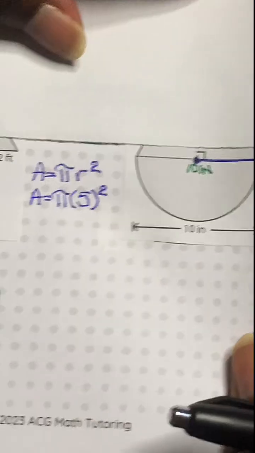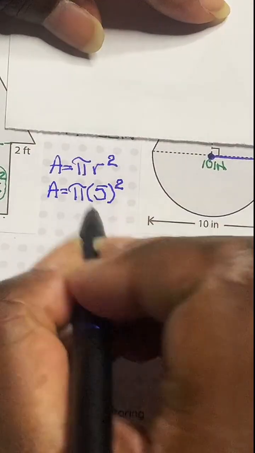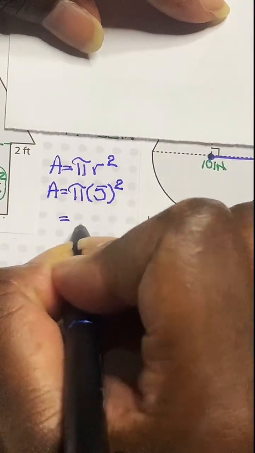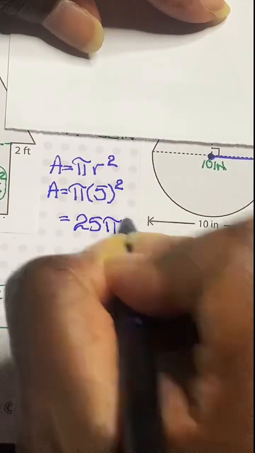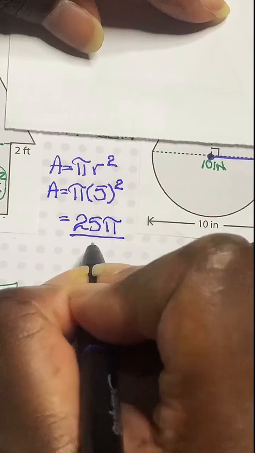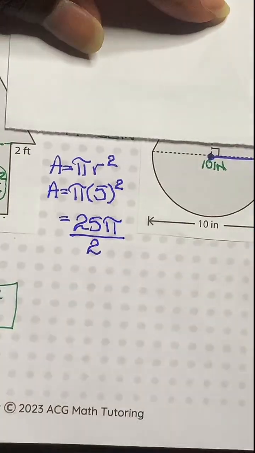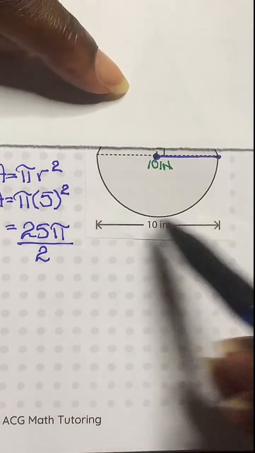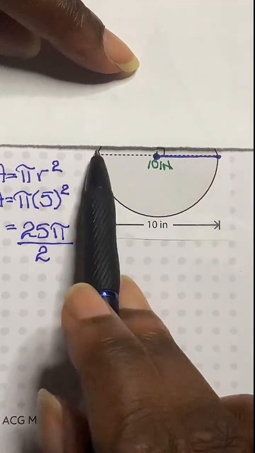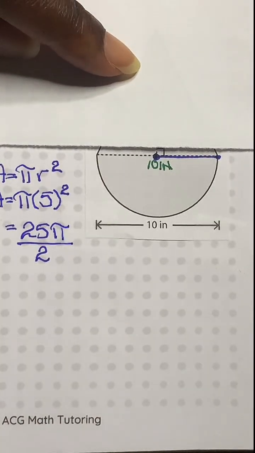So that means, yes, Curtis, there we go. We got our 25 pi, but we're going to divide it by 2. And the reason why we're dividing by 2 is we're not looking at a full circle. We're only looking at half of it.